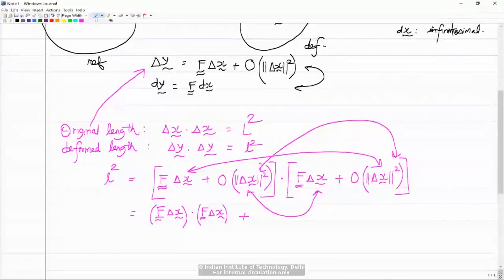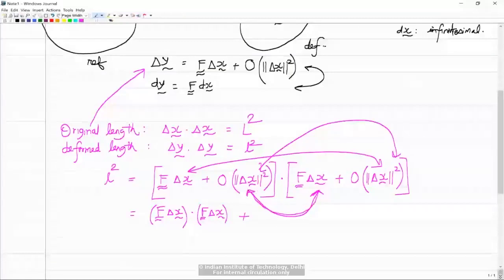So somebody has written it's order of delta x cube, Avinash, which is correct, of course. If you understand the meaning of order, then you can appreciate it. For example, look at this dot product.